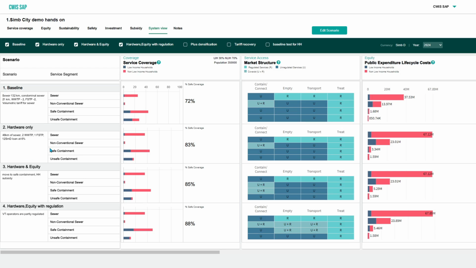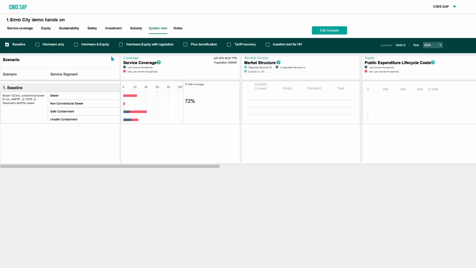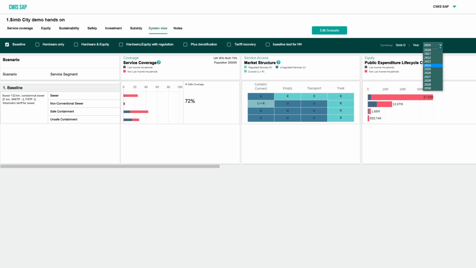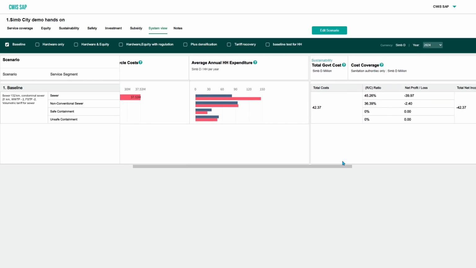Let's go through the baseline of the city along with the indicators. I am going to uncheck these scenarios to focus on the baseline. The year dropdown allows the user to display the values of the annual numbers such as the average household expenditure, water requirement, etc. The year is by default set to the target year.